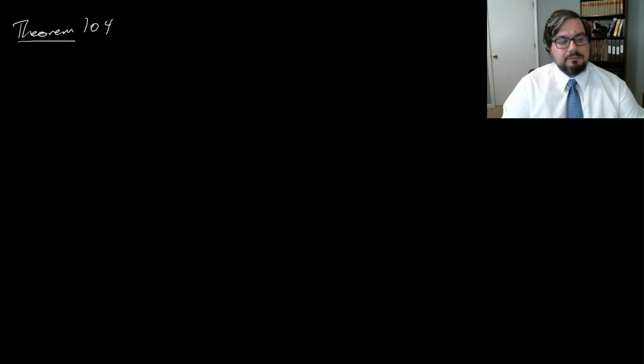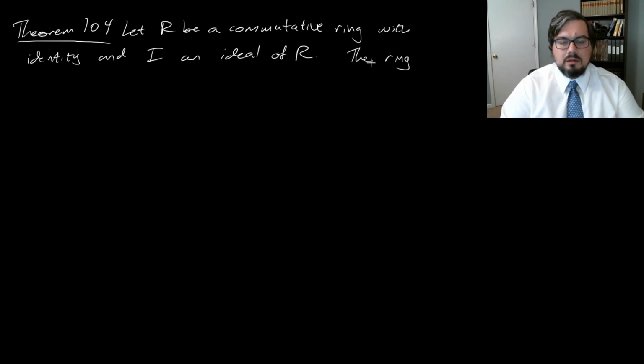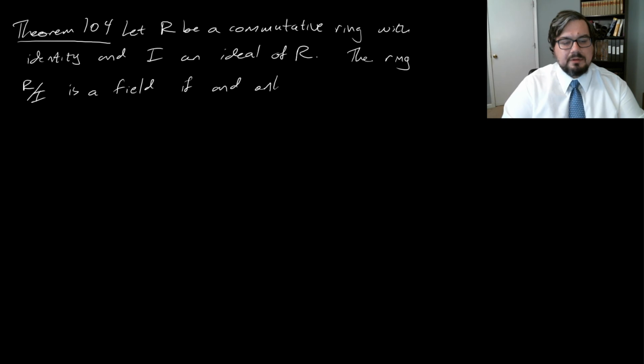So Theorem 104 says, let R be a commutative ring with identity, and let I be an ideal of R. Now the ring R mod I is a field if and only if I is a maximal ideal.